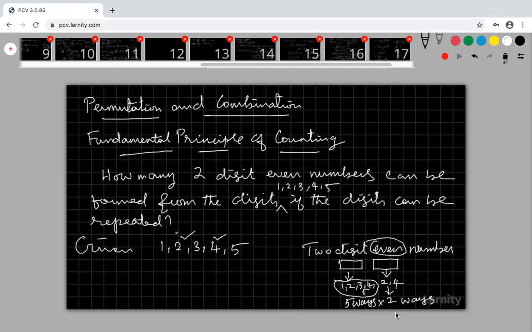So what is the fundamental principle of counting? I am taking this as one event: filling the unit place is one event. How many ways can I find my unit place?